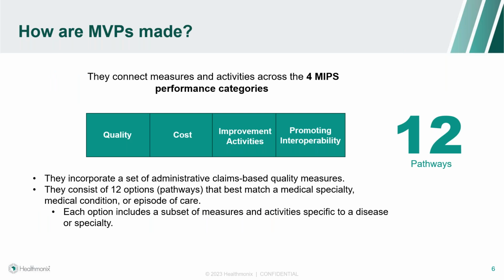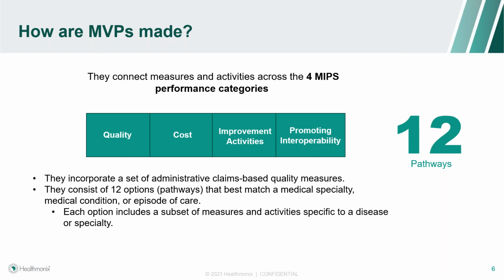So how are MVPs made? They connect measures and activities across the 4 MIPS performance categories. This is the part that should be very familiar to everybody that has been reporting MIPS for a long time, as well as even back in the day to the PQRS times. You're going to have your 4 categories: your quality, your cost, improvement activities, and promoting interoperability. Currently, there are 12 pathways to report on, and there are a number more that are being added for 2024.